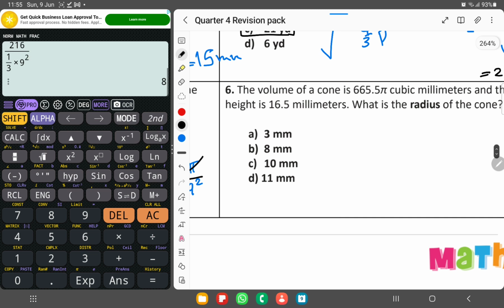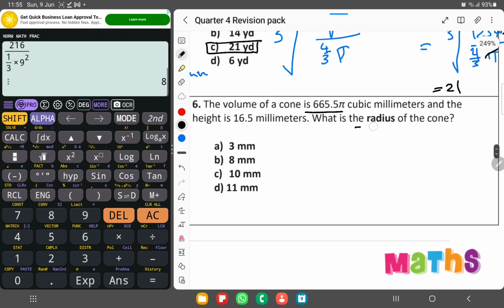Number 6, the volume of a cone is this number, and he is asking about the radius of the cone. Again, I'd like to remind you the rule. The volume is 1 over 3 pi r squared h. This is the volume of the cone.